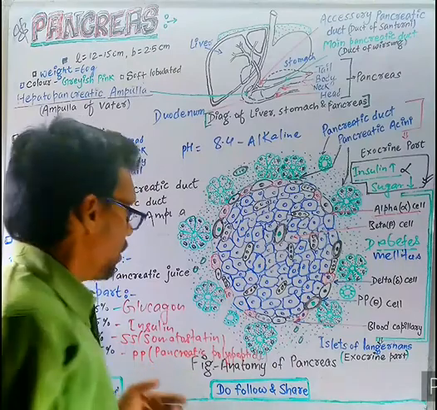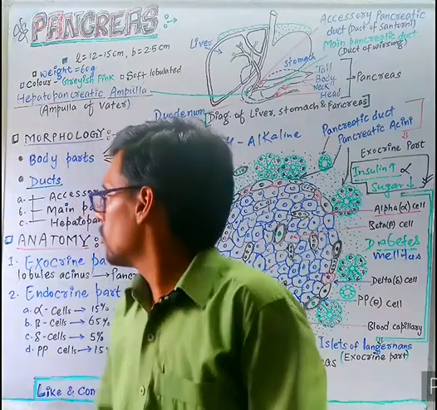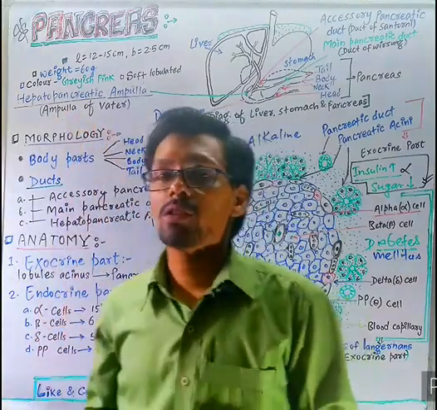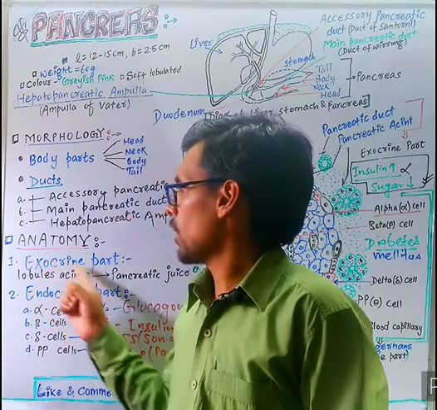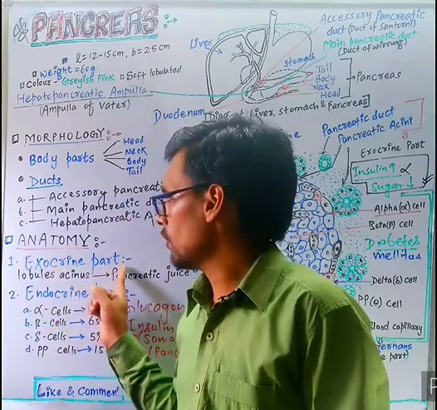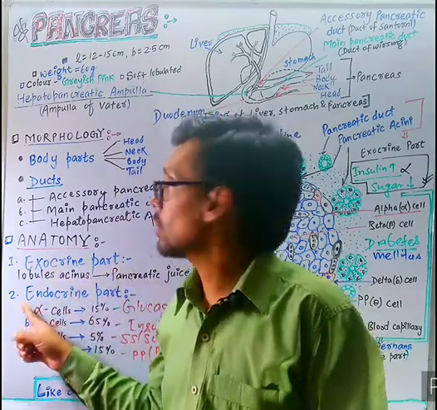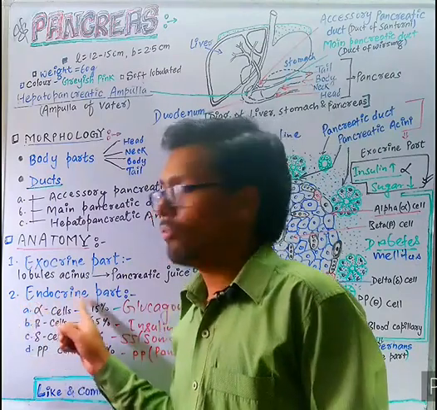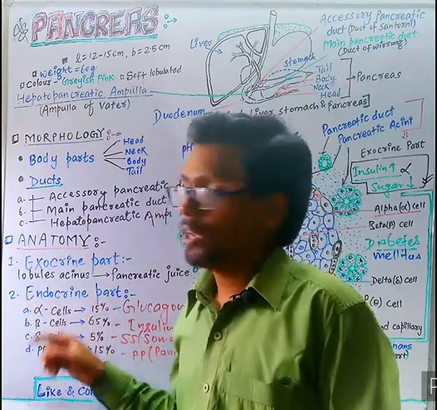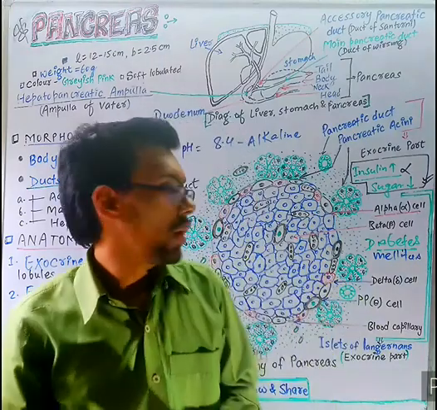Next, what are the functions of pancreas? The general function of the pancreas is exocrine in nature: secretion of enzymes. Second, it secretes different types of hormones, which is endocrine in nature.